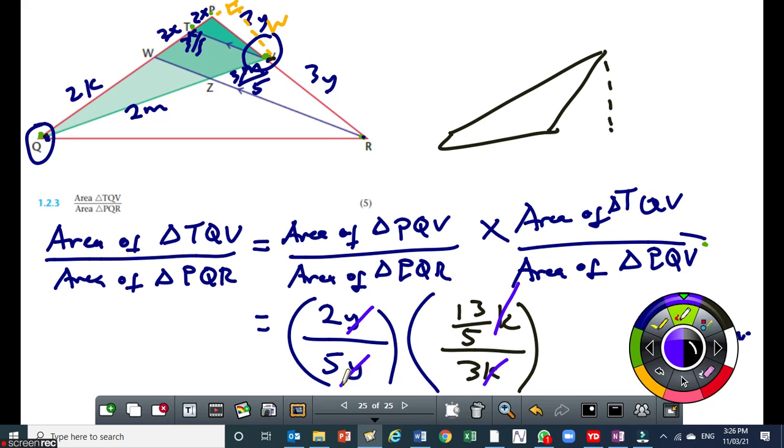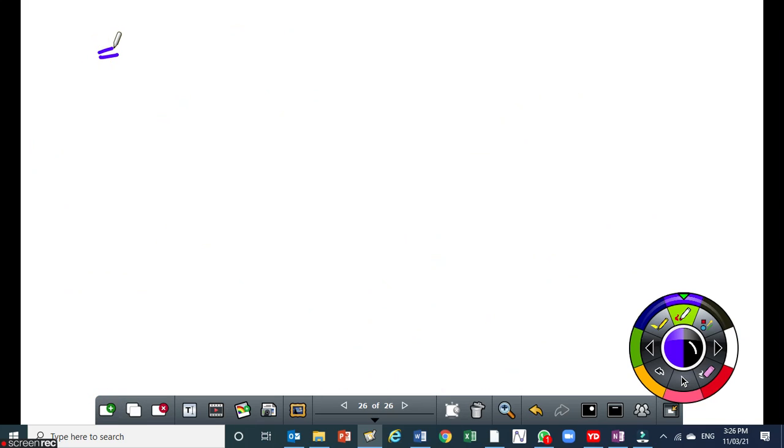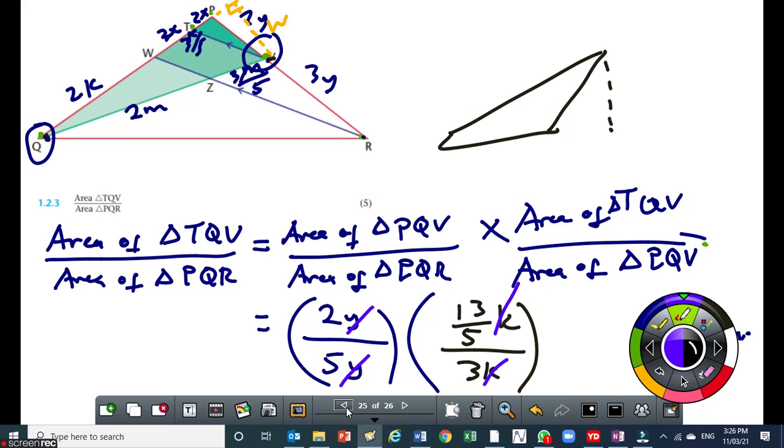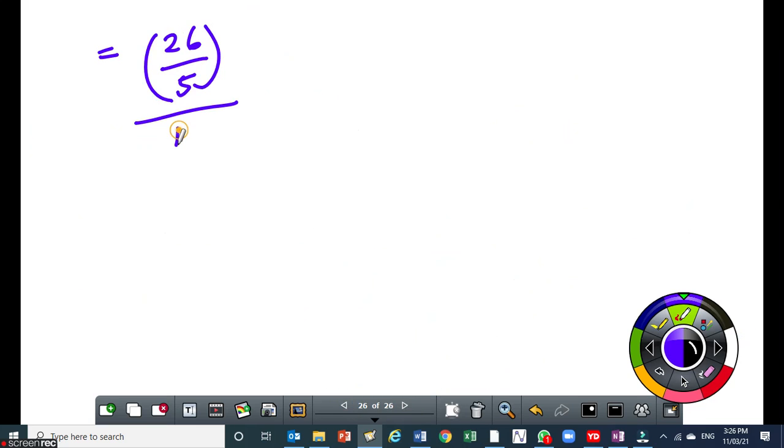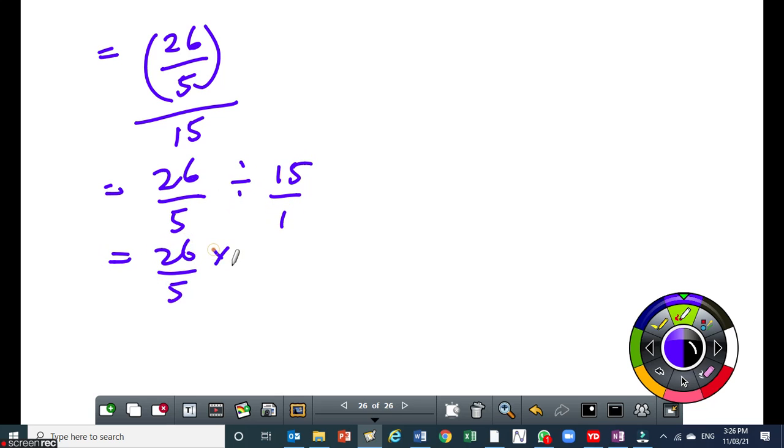So 2 times 13 over 5 will give me 26 over 5. On the next page, I'm going to write this is equal to 26 over 5, all over 5 times 3, which is 15. Then I'll remove the division line and introduce the division sign, so it will be 26 over 5 divided by 15 over 1, and that will be equal to 26 over 5 times 1 over 15.